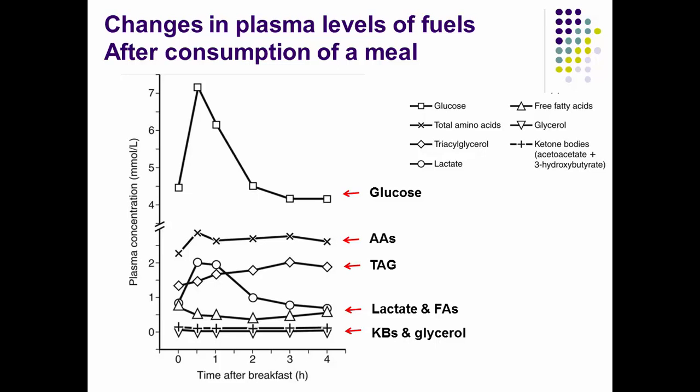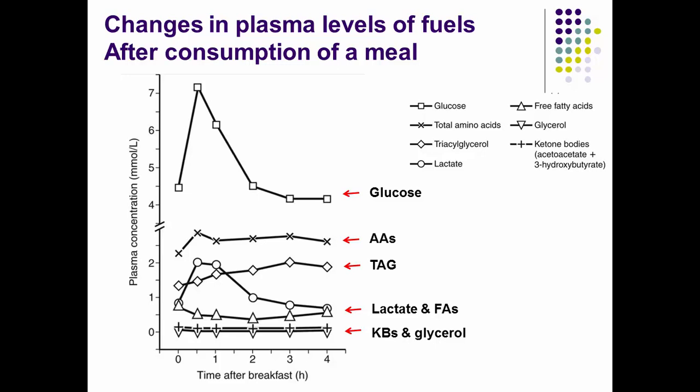And also some of the metabolic fuel levels in the circulation after a meal. You see that the glucose level, we already talked about it, right? It increases and then declines and returns to the fasted levels, right?